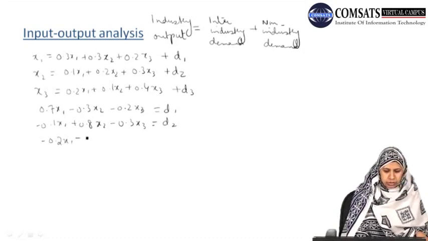We obtained our three equations in three unknowns.